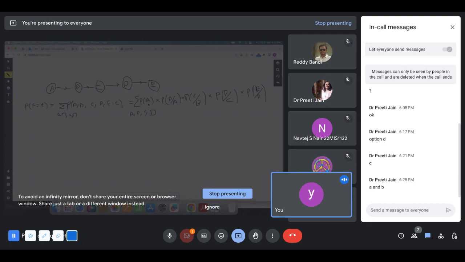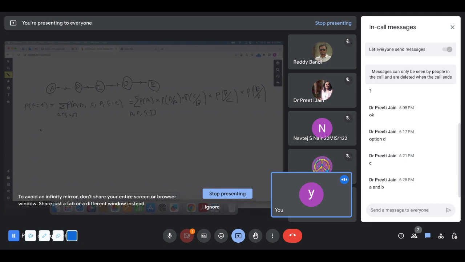The efficient way is this order itself, because you don't have to condition many variables. If we condition on C, you have to take care of both B's and D's.